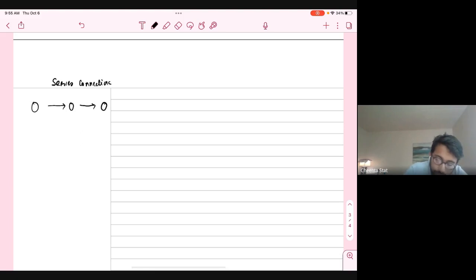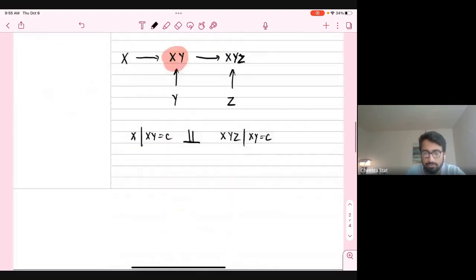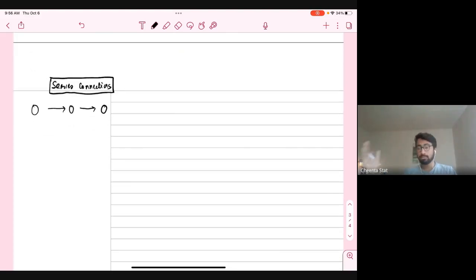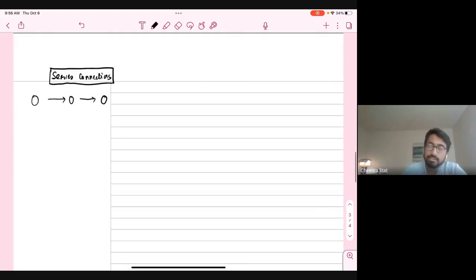Now, I have not told the beautiful part of it. This is the geometric part of it. I have not told how it arises, why we can write like this. I will tell that at the last. If y is dependent on x, then why can you write x arrow y?